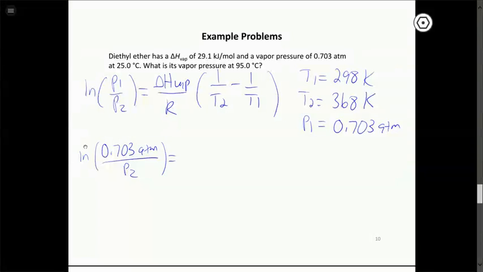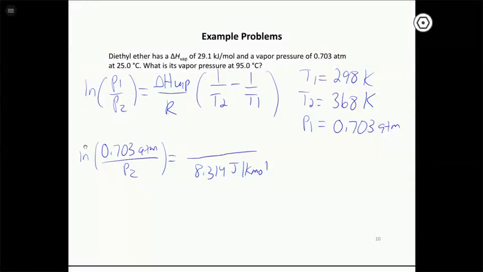We put the delta H of vaporization over R, and here again is where we have to be careful with units. So we're going to use this form of R, 8.314. That's joules per K mole. That value of R is also on your constant sheet, so you don't have to worry about memorizing it, but that's the alternative value of the universal gas constant in terms of joules.